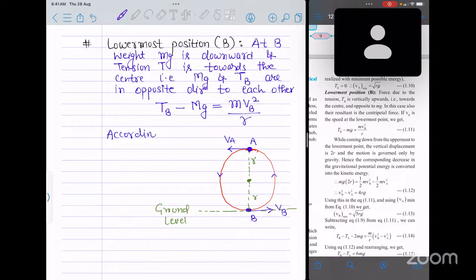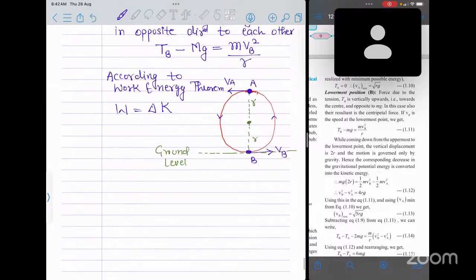According to the work energy theorem, work done will be equal to change in kinetic energy of the system.